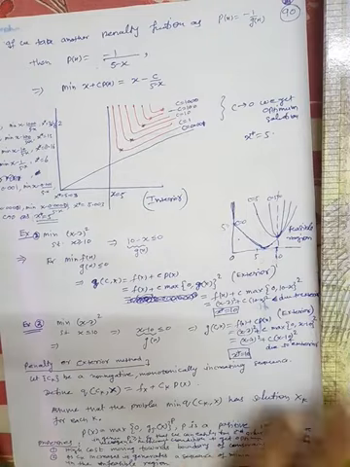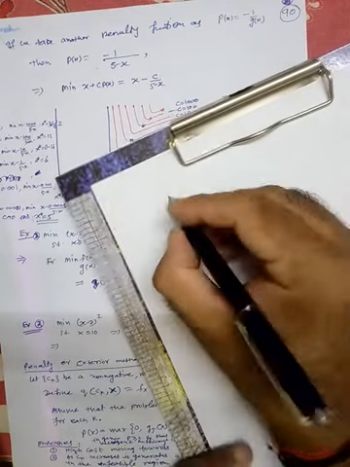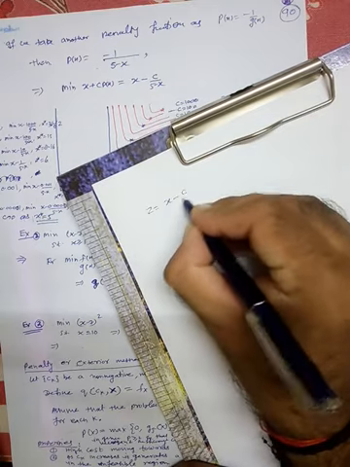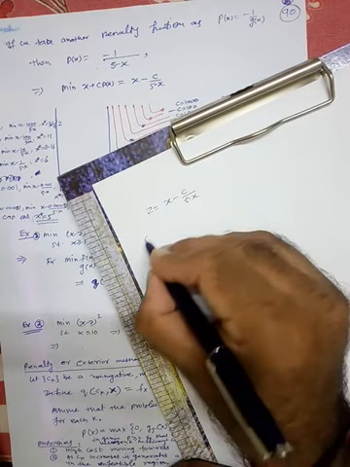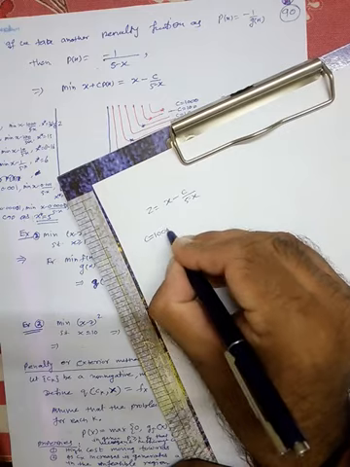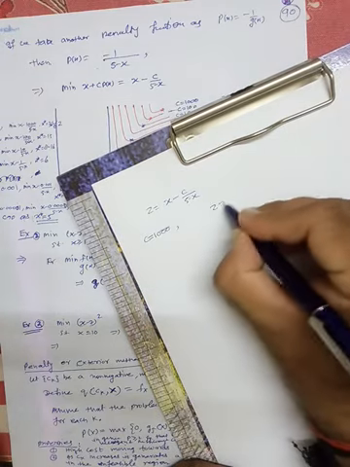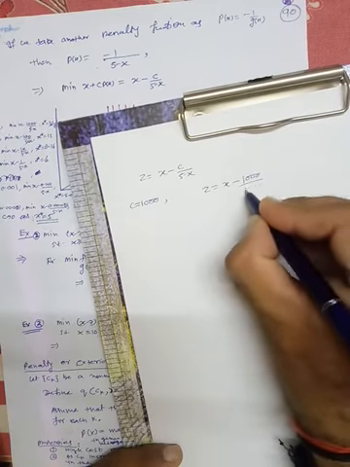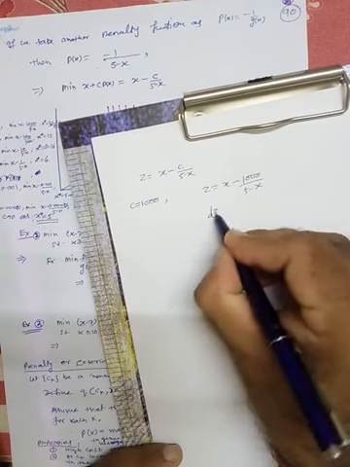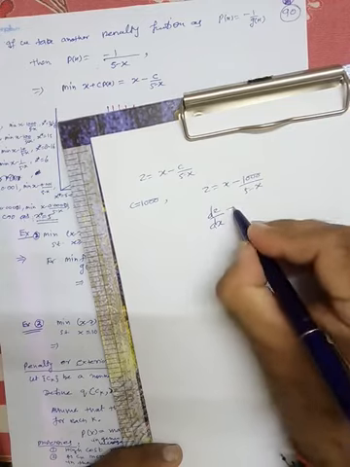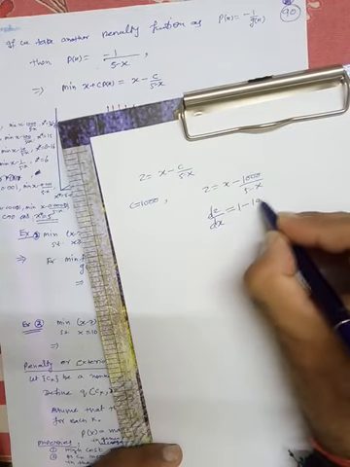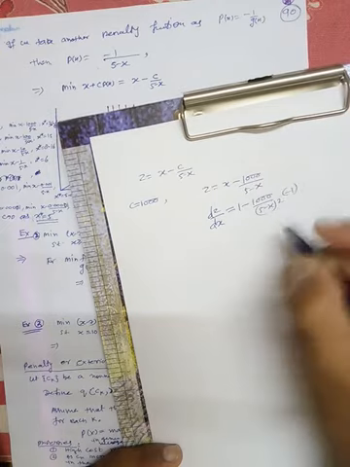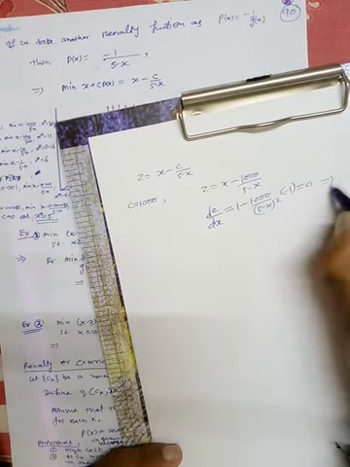Okay, so here, for the problem, suppose z is equal to x minus c upon 5 minus x. Now let c is equal to 1000. Okay, so what is z? z is x minus 1000 upon 5 minus x. So now dz by dx is equal to 1 minus 1000 upon (5 minus x) whole square into minus 1. Put it equal to 0, then get x.